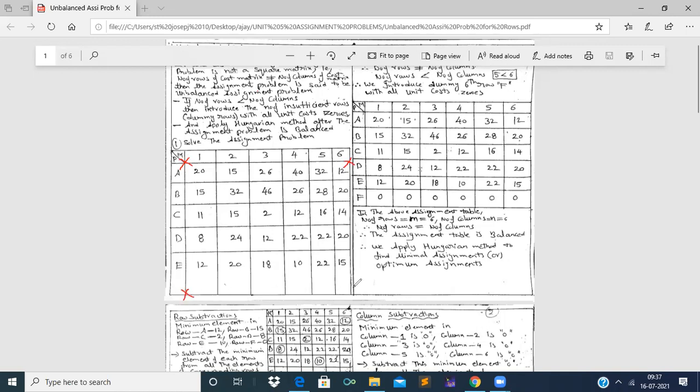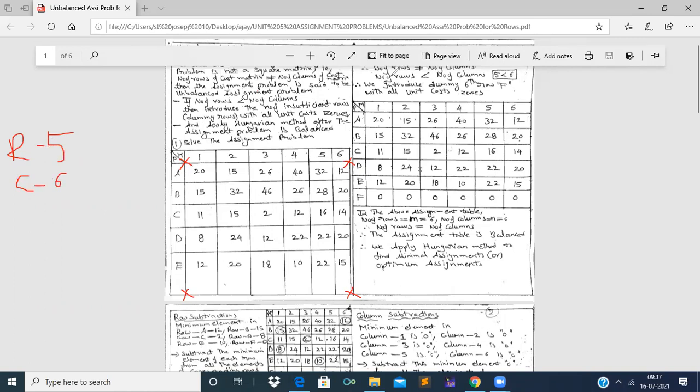Count the number of rows: A, B, C, D, E. That means rows are 5. Count the number of columns: 1, 2, 3, 4, 5, 6. The columns are 6. Rows are 5 and the columns are 6.